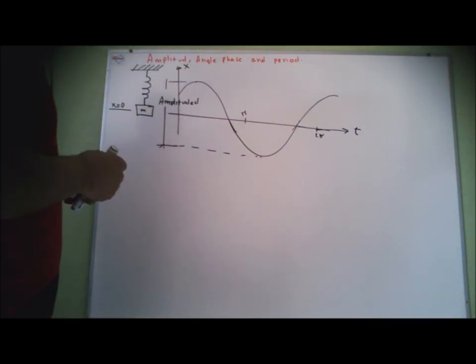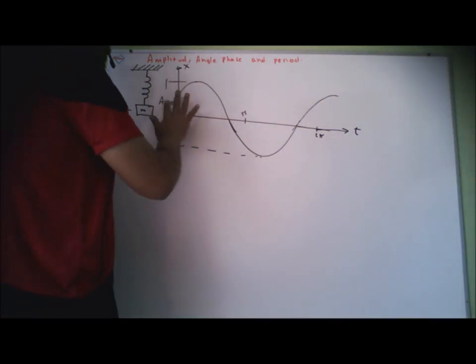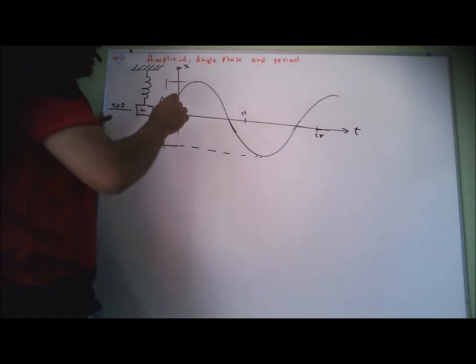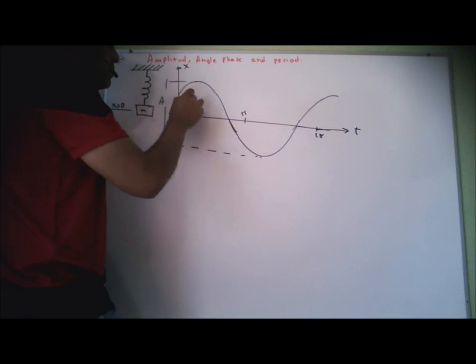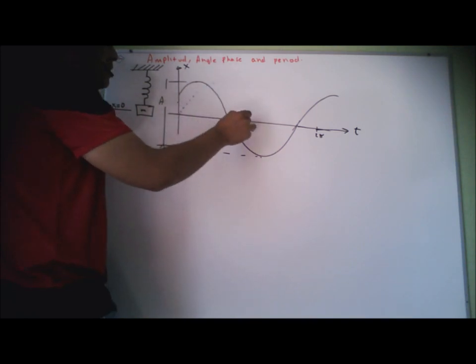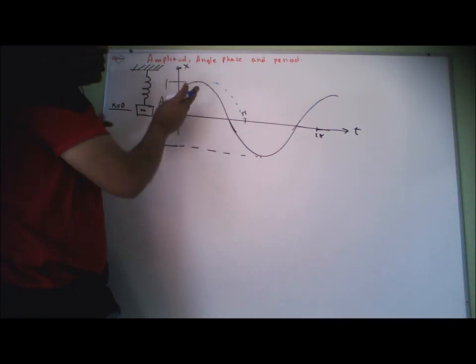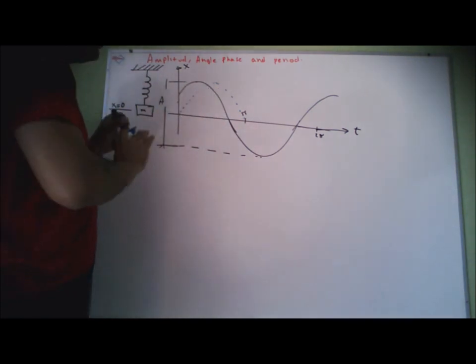Now, this is the amplitude. The next concept is the angle phase. As you can see here, this doesn't start at 0, and here is the pi, and so on. So it is a little bit shifted.